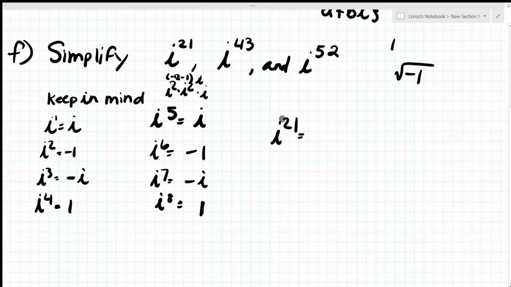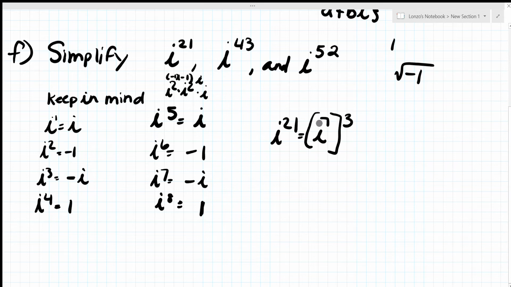So we could say, couldn't we rewrite i to the 21st as i to the seventh, raised to the 3rd power?